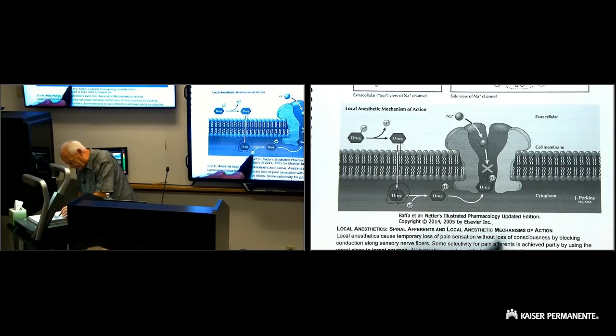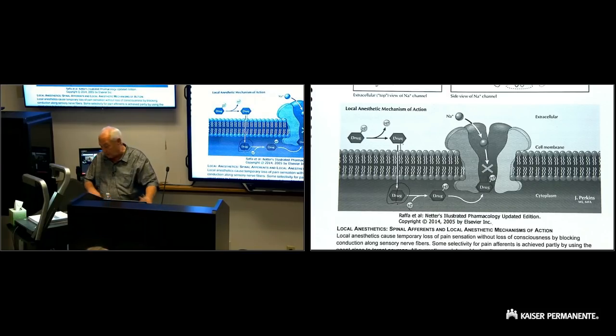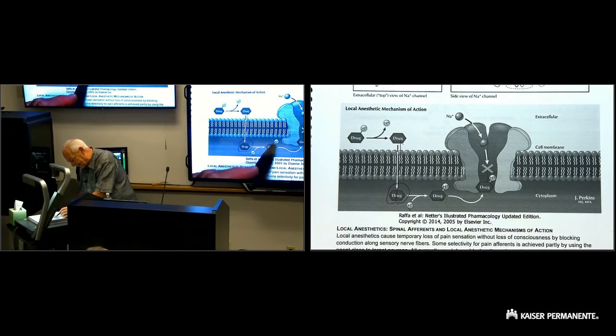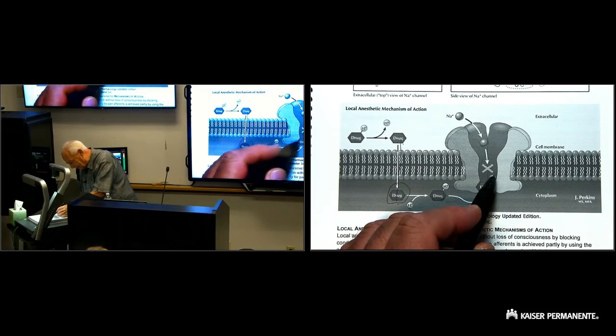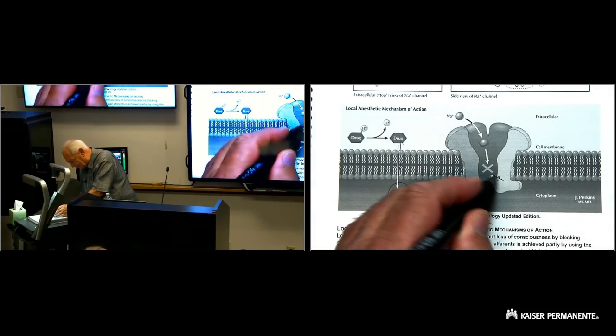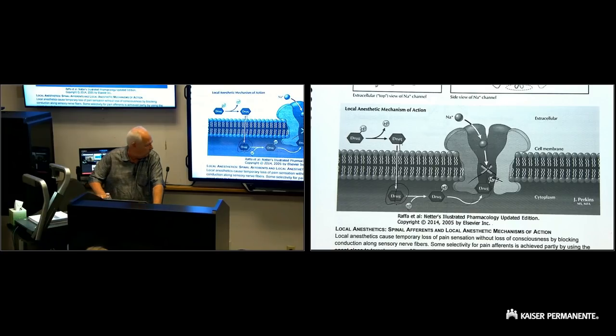And it combines with hydrogen ion and becomes ionized. So there's drug with a hydrogen ion in it, so it's ionized. Then it goes into the sodium channel, attaches to the receptor, blocks the sodium channel, and the nerve is now rendered not functional. If you can't depolarize the nerve, it can't transmit anything. So the nerve is dead.